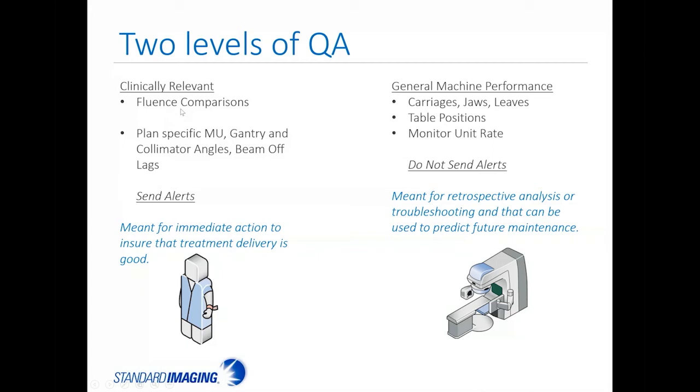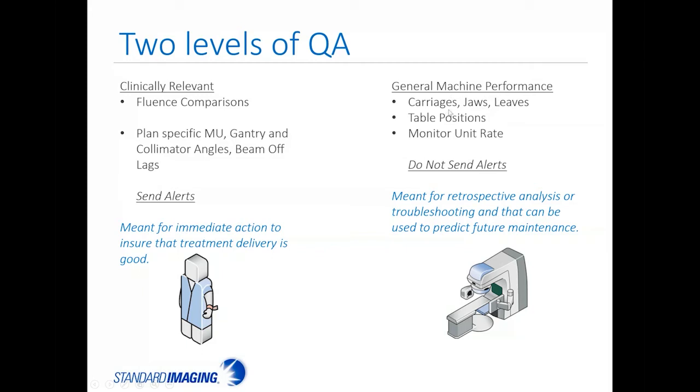You can also compare and review for the particular plan, plan-specific monitor unit, gantry, collimator angles, etc. For these clinically relevant plans, you can set LinacView up to send alerts so that immediate action can be taken. And then in general, you can also have general machine performance review.